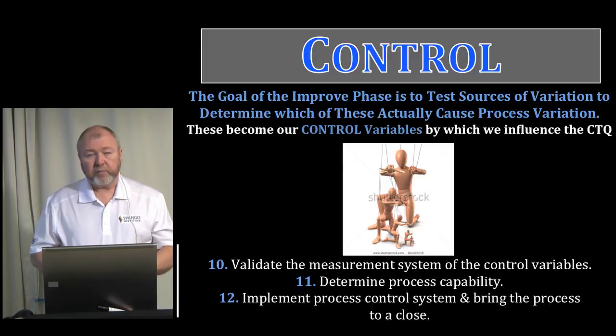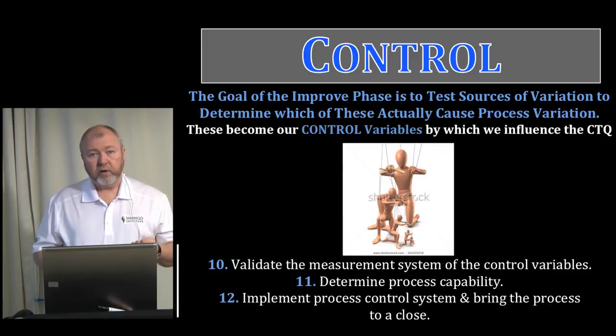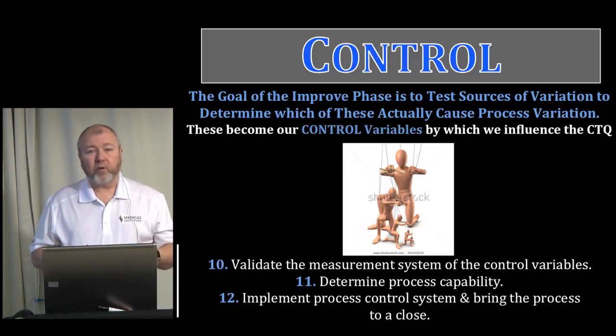So if we go back to the phases, define, measure, analyze, improve, and now we're in control. If we reflect back on the improve phase, the goal there was to test and identify important sources of variation in the customer CTQ. Those important sources of variation, internally controllable, as we spoke of just a moment ago, are those things that ultimately become our control variables.